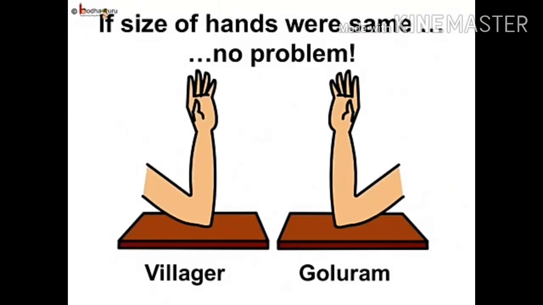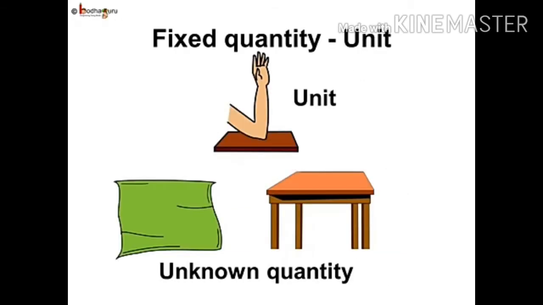Or if luck had favored the villager and both he and Goluram had the same size of hands, the problem wouldn't have come up. But we cannot rely on luck or coincidences all the time, isn't it? So, we learned that the unknown quantity has to be measured with respect to some fixed quantity. This fixed quantity against which an unknown quantity is measured is called a unit.